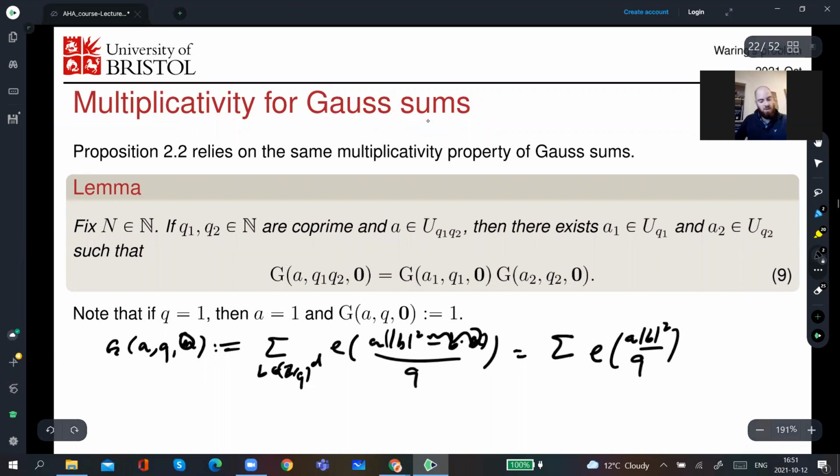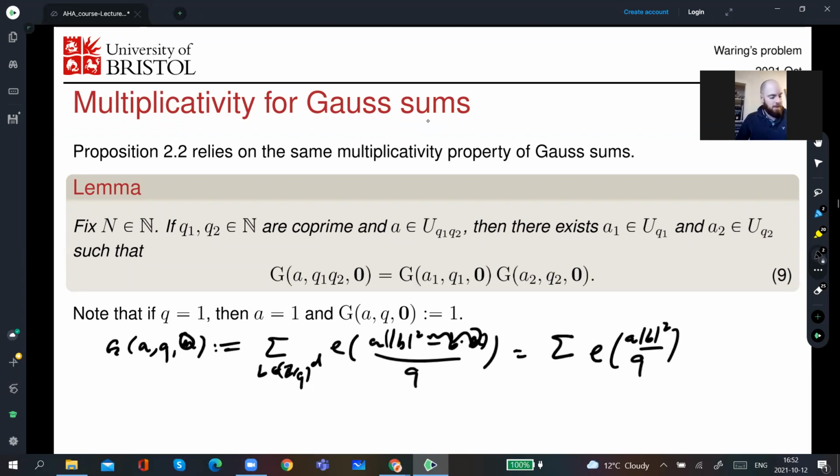My claim is that these are also multiplicative. In what sense? Well, I have to worry about this A that comes in defining the Gauss sums. And that A is related to Q1 and Q2 in the following way.